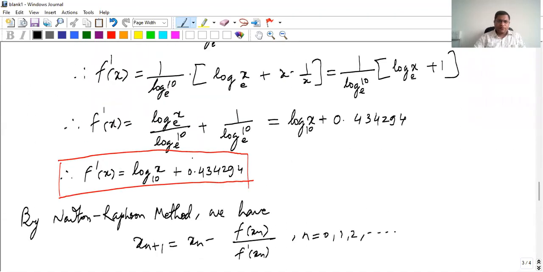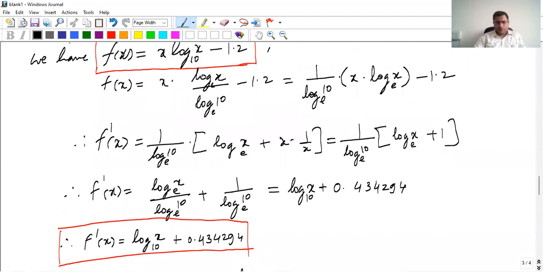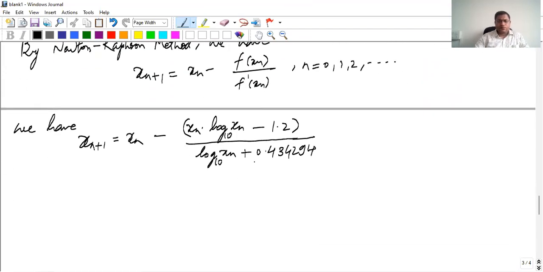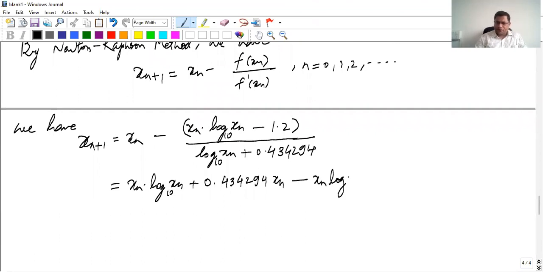So simplify this: x n log of x n to the base 10 plus 0.434294 x n minus x n log of x n to the base 10 plus 1.2.